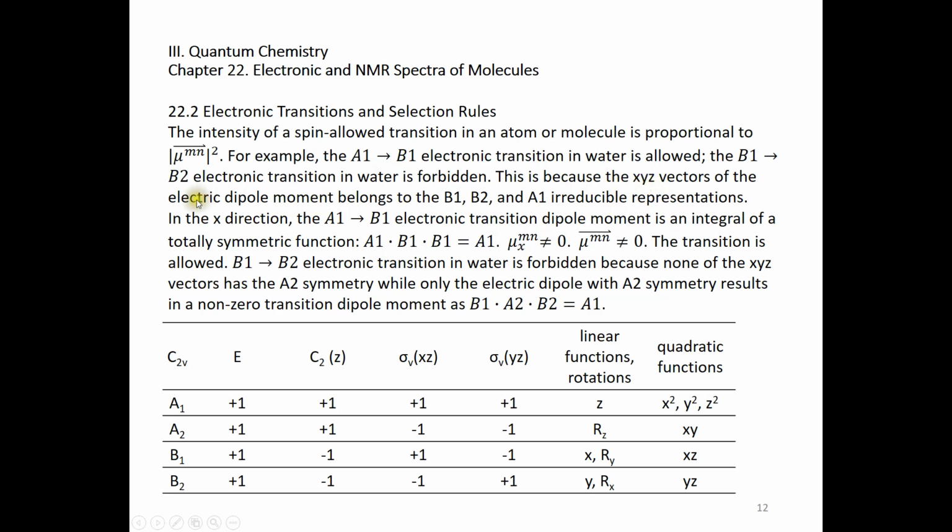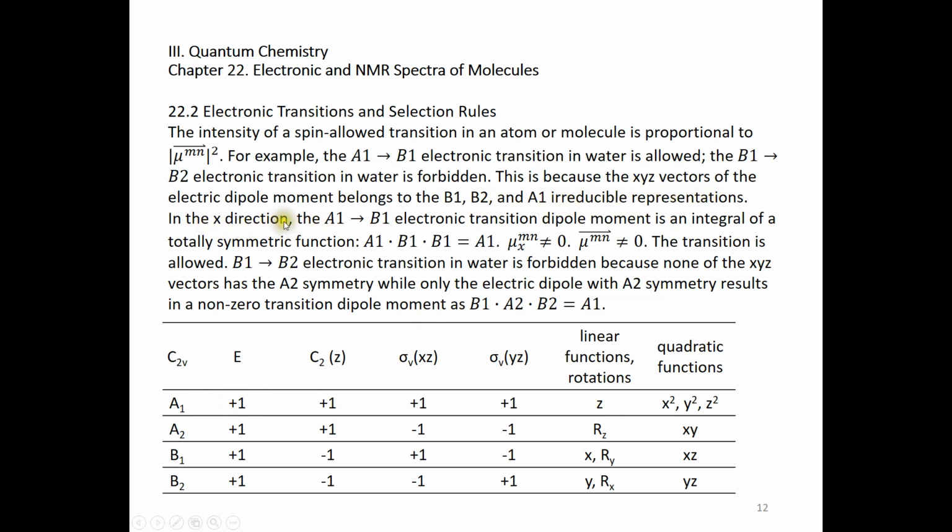So we can determine the symmetry of the electric dipole moment in the x, y, and z directions. Again, x, y, z, let's look it up. x is B1, y is B2, and z is A1. Therefore, x, y, z correspond to B1, B2, A1 irreducible representations.